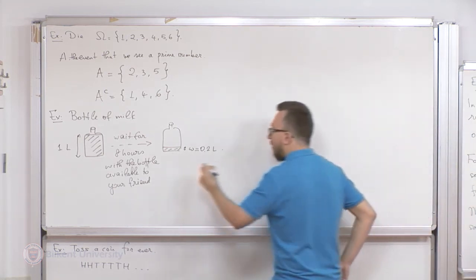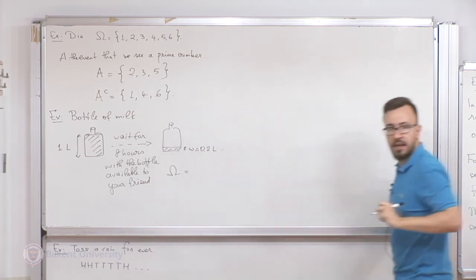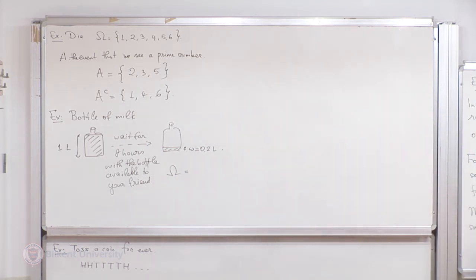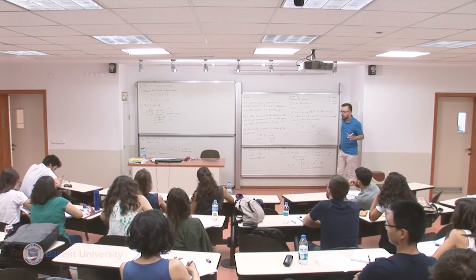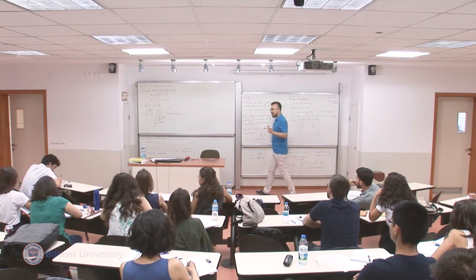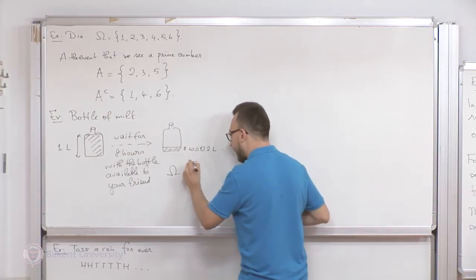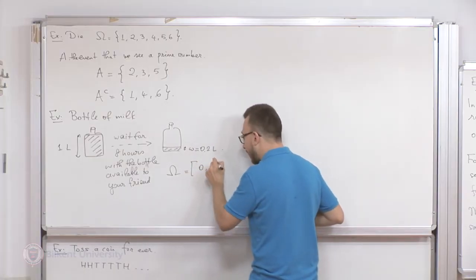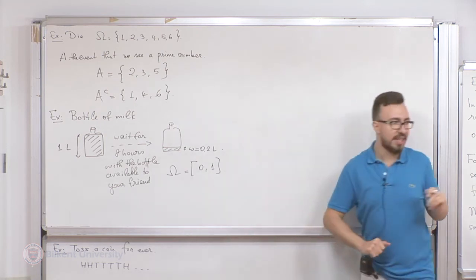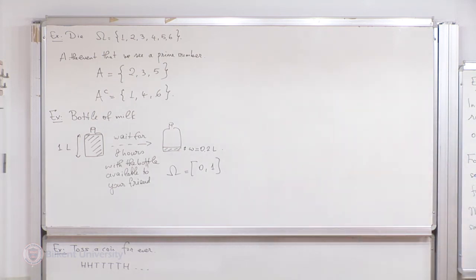So your sample space is what? What is your outcome? 0 and 1, right? 0 means that your friend just had all of it. Unfortunately, this is a possible outcome. And 1 is the best case. Your friend also had some lectures and didn't have the time to drink your milk. So that's it.